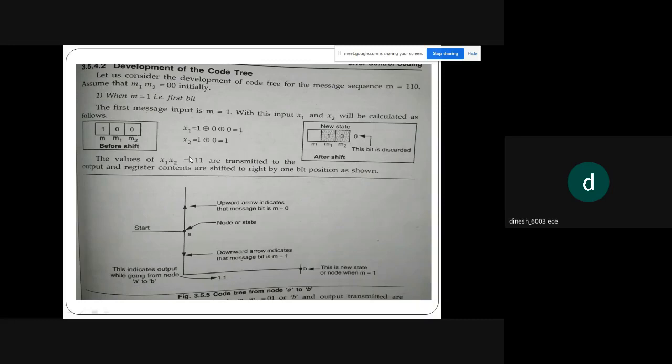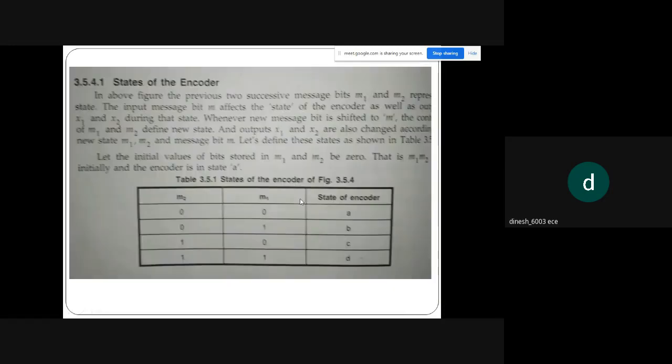So x1 x2 is 1 1 now. Now see the states. m1 and m2 are 1 0. m1 is 1, m2 is 0.